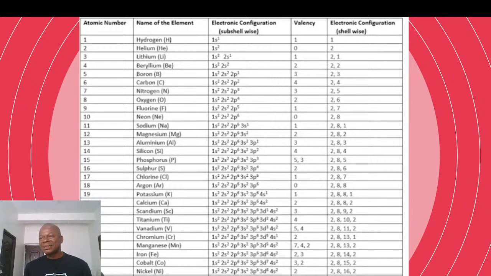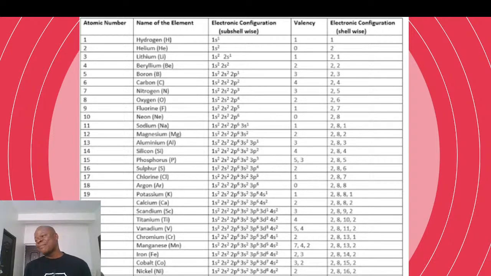Then let's look at number 12. The element that has atomic number 12 is called magnesium. We are very familiar with magnesium. So it has its own symbol.